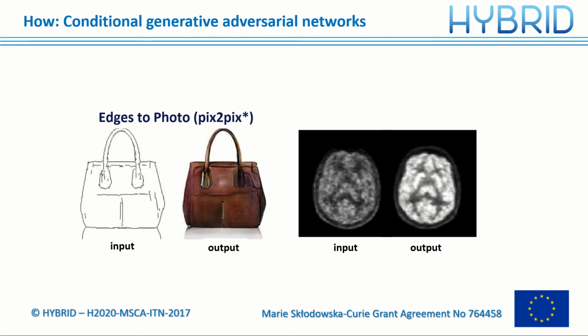As you have seen, they can convert drawings to realistic paintings. People have already used this kind of architecture to convert low-count images to high-count images, that is low-dose images, for PET data. So we wanted to do the same for the early part of the dynamic PET series because they resemble low-count images.